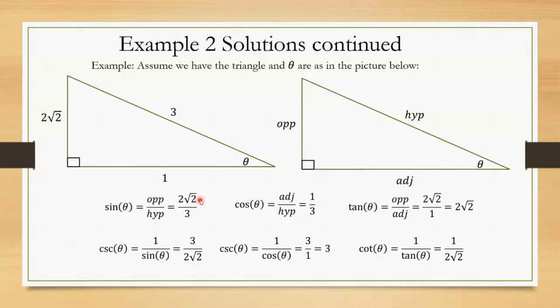It's the reciprocal. So a fraction you would turn upside down like this. So 2 times the square root of 2 over 3 becomes 3 over 2 times the square root of 2. That's 1 over sine.